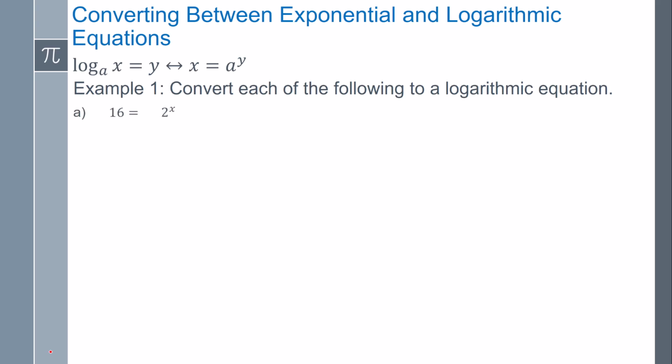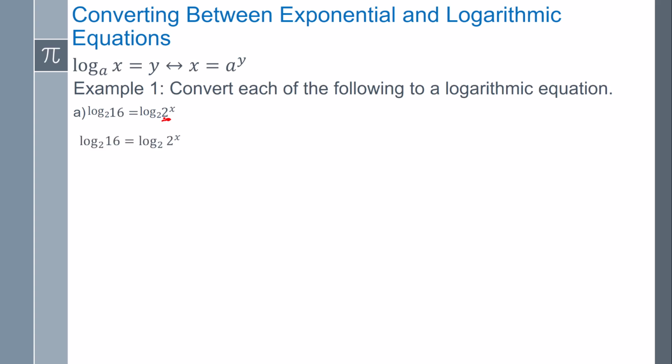Since exponents and logs have this inverse relationship, we can use a log to cancel out an exponent, or we can use an exponent to cancel out a log. For example, if I wanted to cancel out that 2, it's a base 2, so I would take log base 2 to both sides.